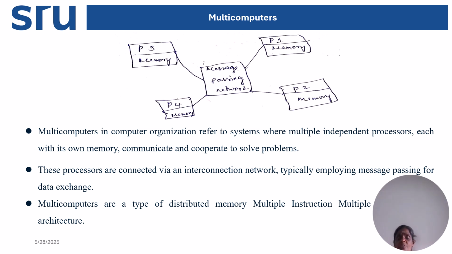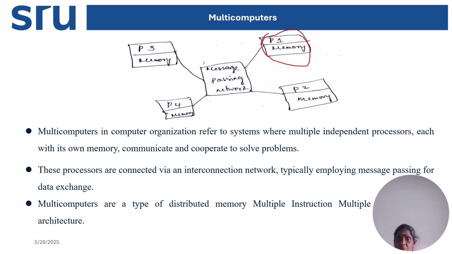If a processor has to communicate, suppose P3 needs some data from P1, it has to send a message request to the message passing network, and it will indicate to processor 1. With the permission of processor 1, the concerned data will go to processor 3.